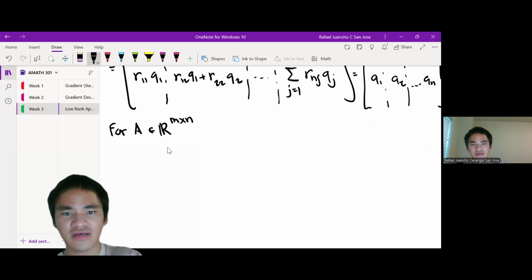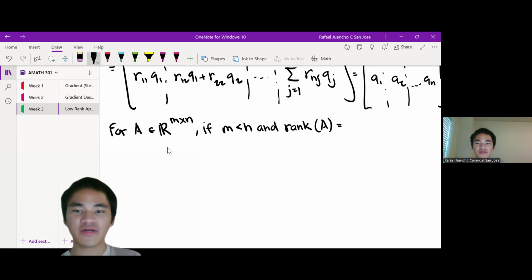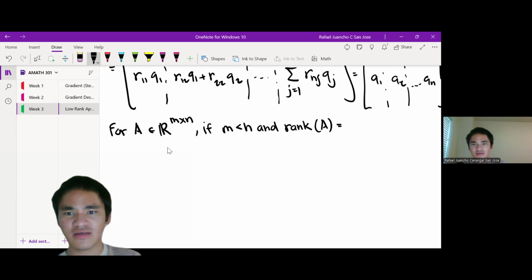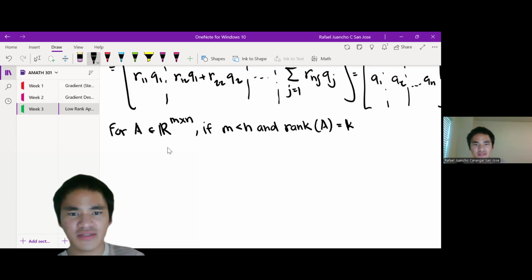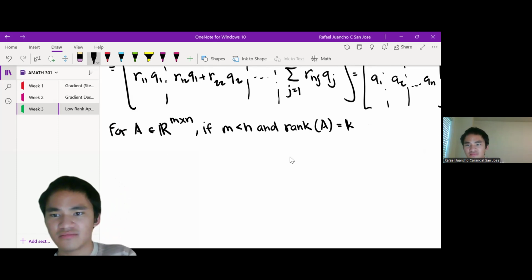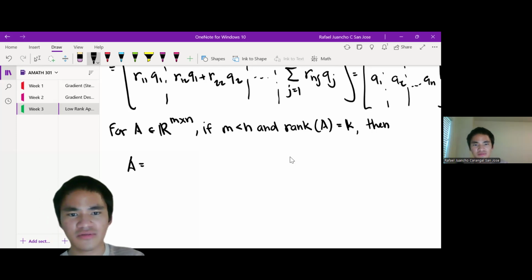And here we say that if my m is less than n, and the rank of my matrix A is, let's say, some value k, then we just say that A is equal to QR.